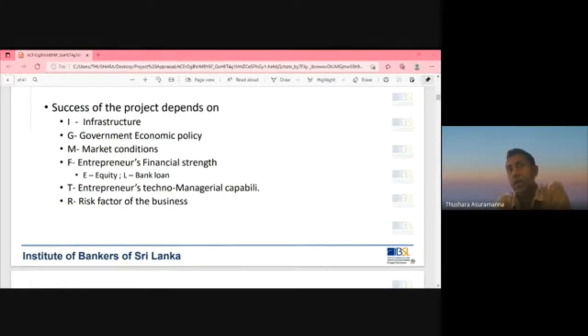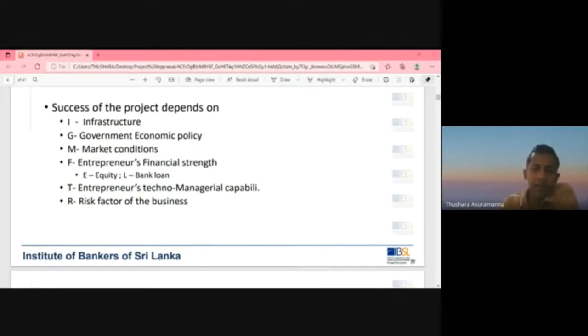If we get a question like, in a project appraisal, what are the areas you would critically look into in assessing the project, this could be the answer. Or maybe somebody would ask, what are the critical success factors in project financing. So these are some of those. There may be so many, but you can bring your answer accordingly based on the question.